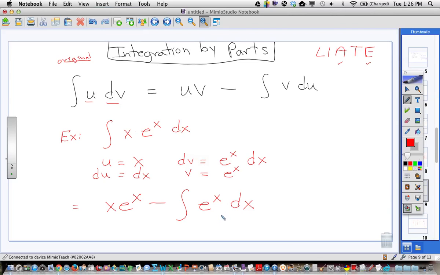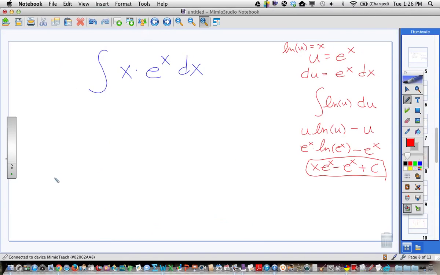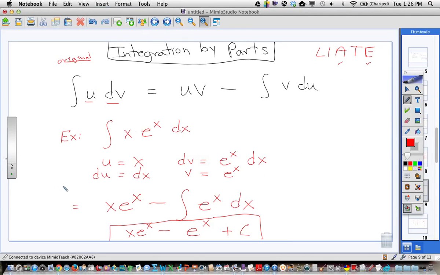And did we accomplish what we wanted? Did we get a new integral that is easy to do? Absolutely. So we got x e to the x. This antiderivative here is just e to the x plus c, and I think that even matches what we got on the other page, doesn't it? Right here. That's right. x e to the x minus e to the x. There it is right there.